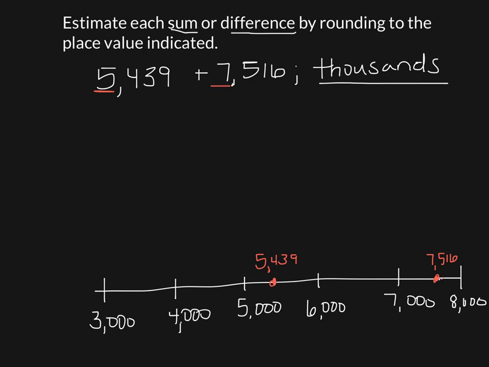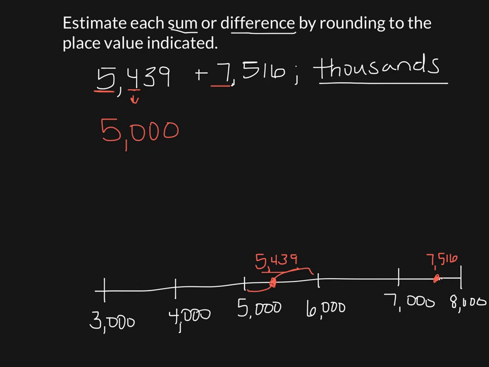So we're really asking, if I'm rounding to the thousands, I have my number 5,439, and I'm asking myself, is that number closer to 5,000 or 6,000? Now if I look at the 4, I know I'm going to round down to 5,000.